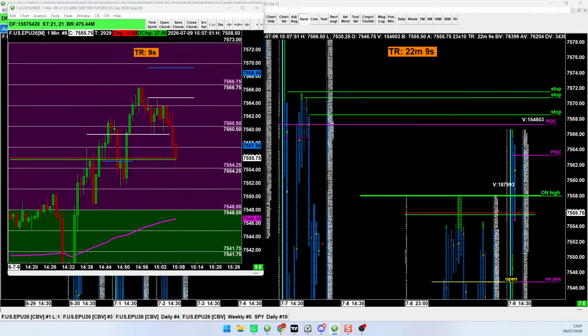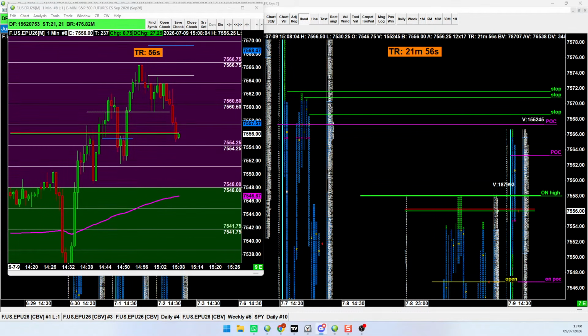Yeah, the POC moving up also sometimes helps, because when the POC moves up it means, oh, distribution is good, now we're going to put it on sale. No, you're right. You're right.